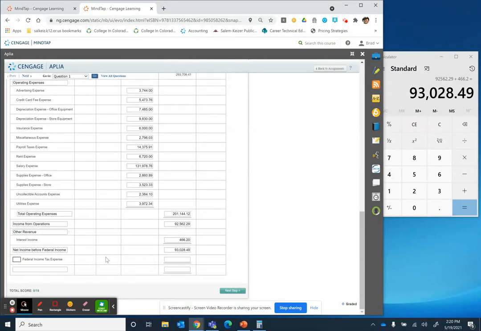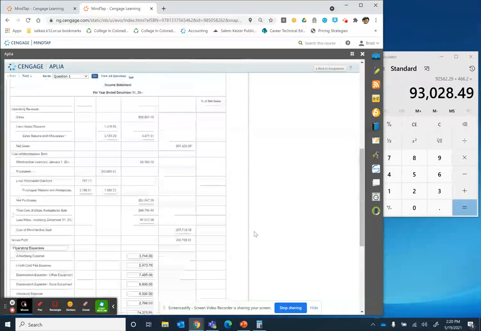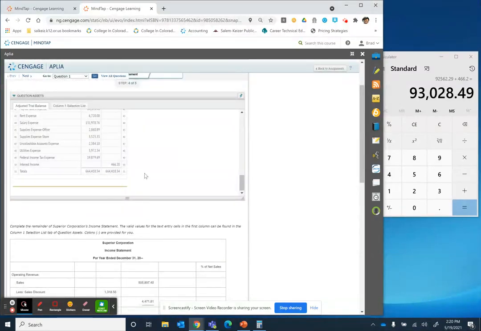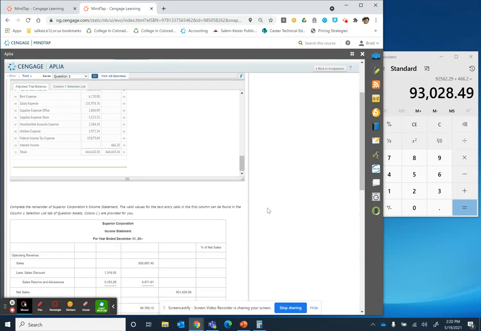Then we're going to take from that our federal income tax expense, or the amount of money that we had set aside for federal income tax. So the federal income tax expense is going to be up in here, and we had scheduled that for $19,879.69.